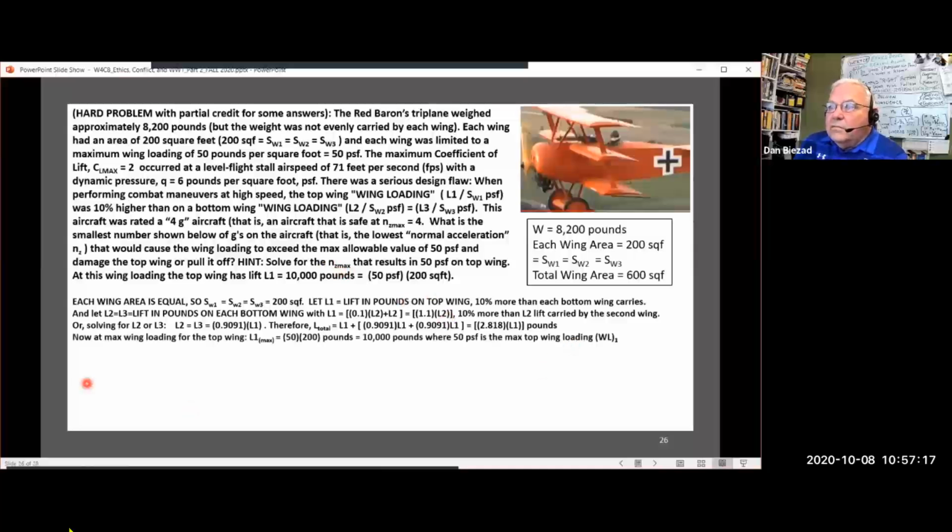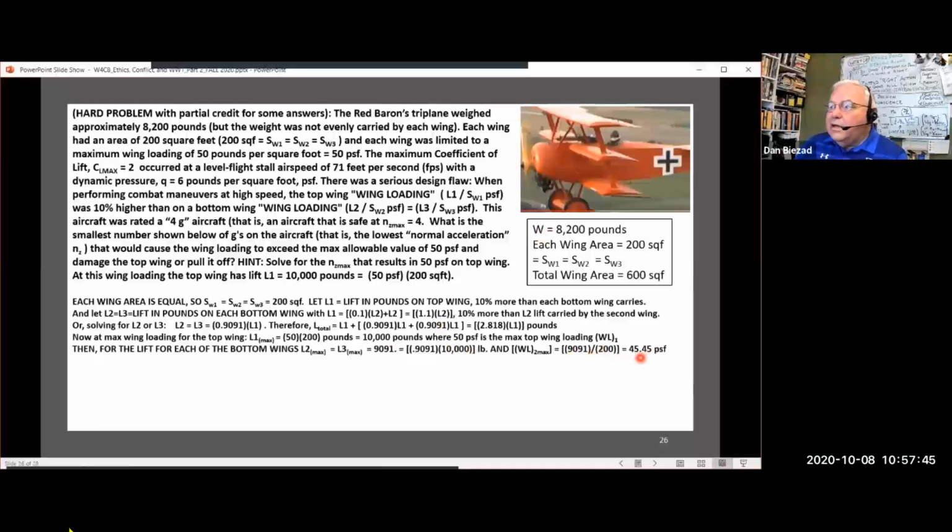So my top wing lift is my maximum wing loading, 50 PSF, times 200 square feet, and that's going to be 10,000 pounds. And for each of the other wings, what is going to be my wing loading? Well, it's going to be 9,091 divided by 200.